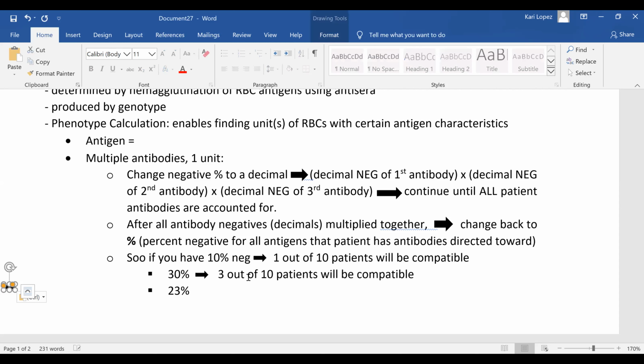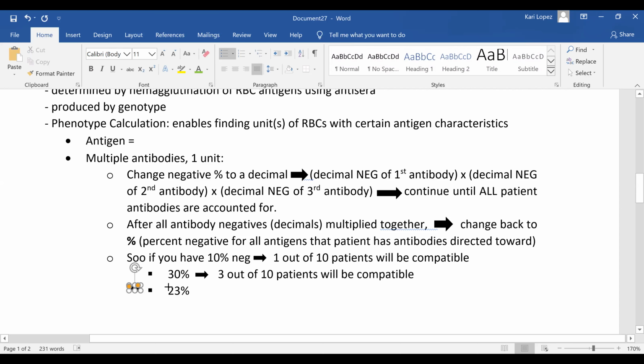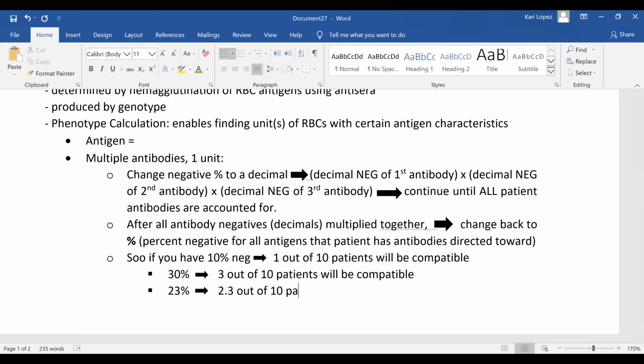23%. How about that one for 23%? So 35 would be 3.5 out of 10 patients are compatible.